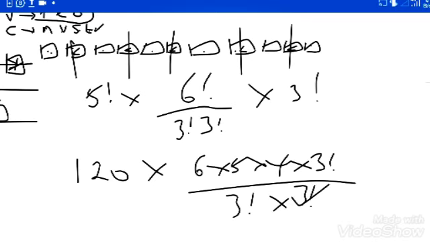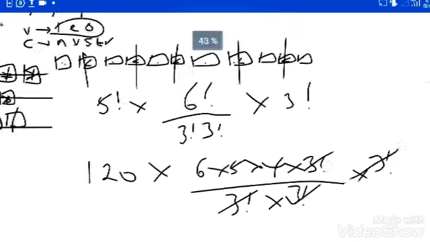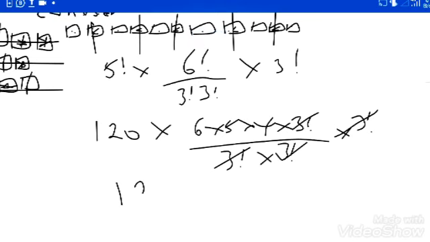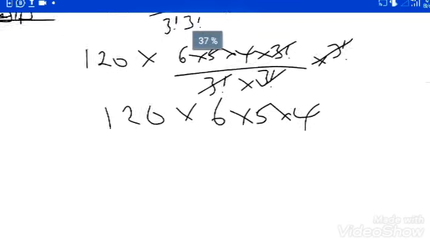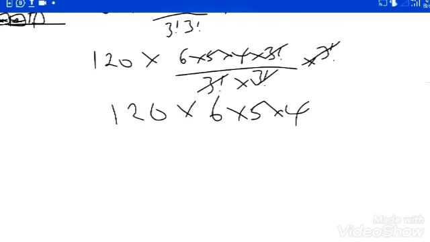Now 3 factorial can cancel 1, and we still have 3 factorial here, so this can also cancel these 3 factorial. At the end of the day, we're going to have 120 times 6 times 5 times 4, and when you multiply this, 6 times 5 is 30, times 4 is 120.